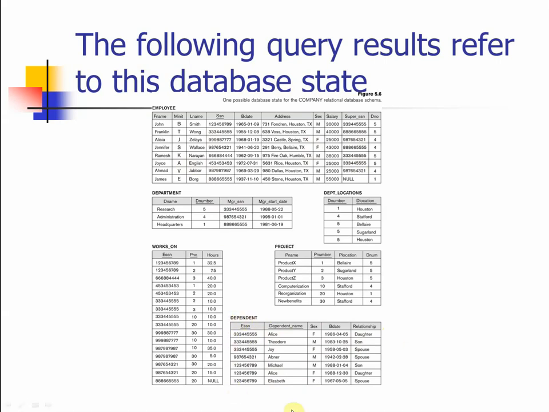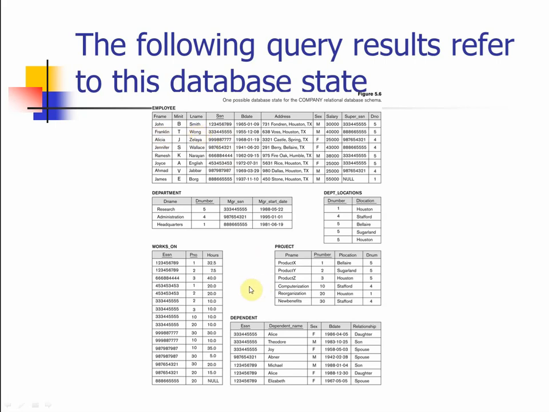So obviously, if we look into this table, we cannot know the name of this employee, because all I know is this employee has a social security number 333445555. If you, as a human, look into this table, you will be able to find that person is Franklin Wong. But because we use this information to map with that information, we can have the people's name being searched out over here.